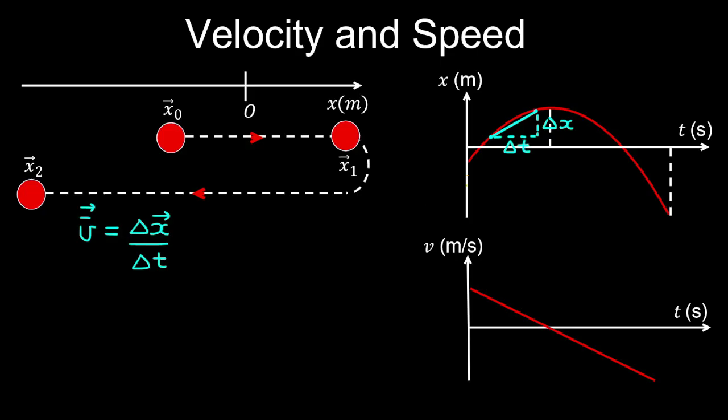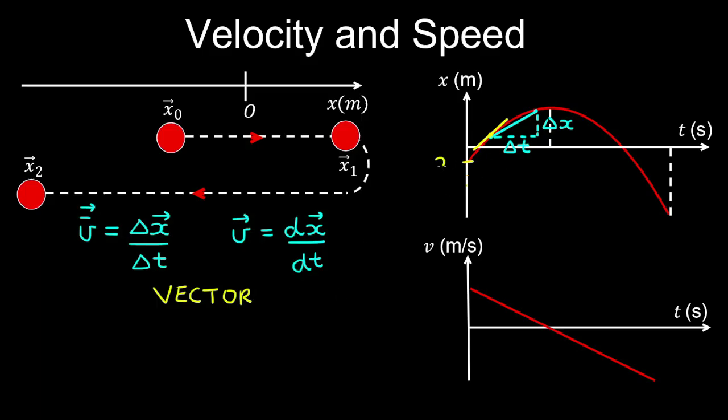Now if we take the limit as delta t approaches 0, we obtain the instantaneous velocity. So you can see that the instantaneous velocity is the slope of the tangent to the position time curve at a particular time. And the velocity is a vector, which also has a length and a direction.